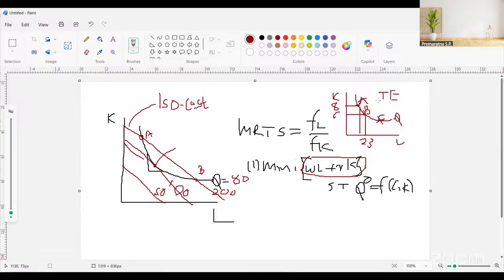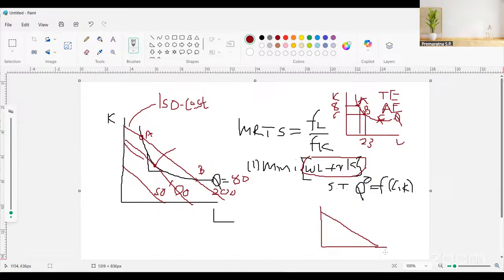But ultimately, they try to reach the economically efficient point. There we need allocative efficiency. Allocative efficiency happens along the isocost curve.